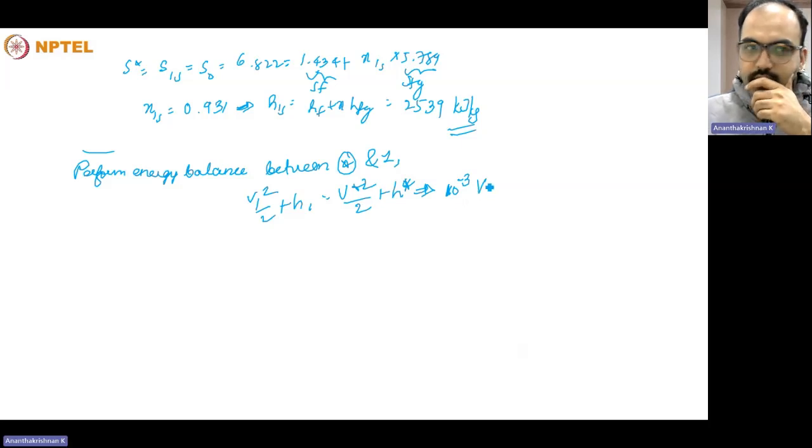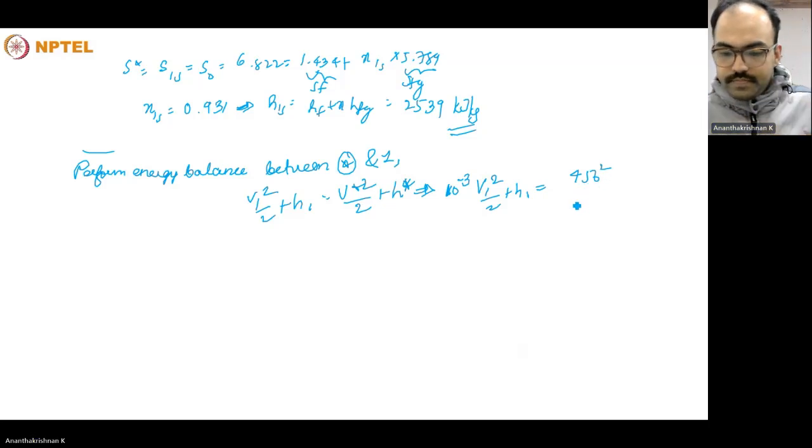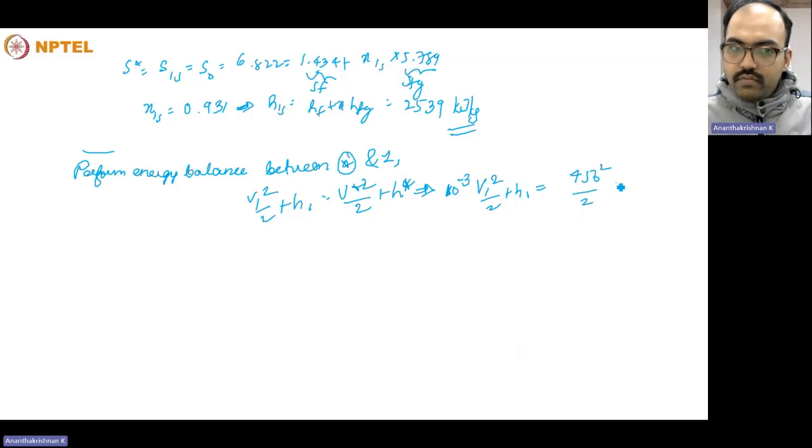So in terms of kilojoule, we can write it as h1 is equal to the velocity, V1 squared into 10 power minus 3, plus 2650.